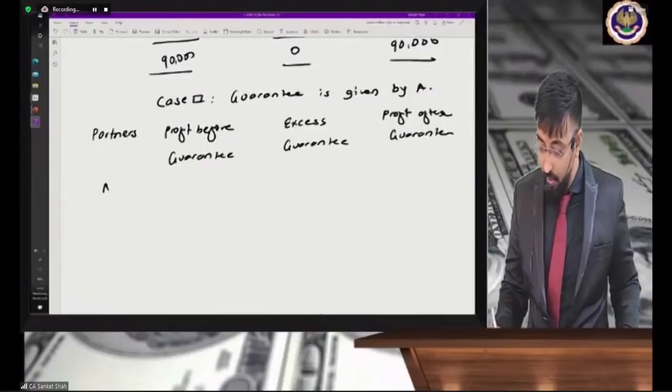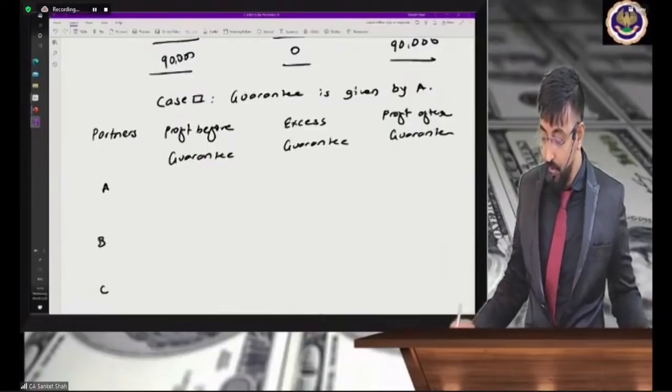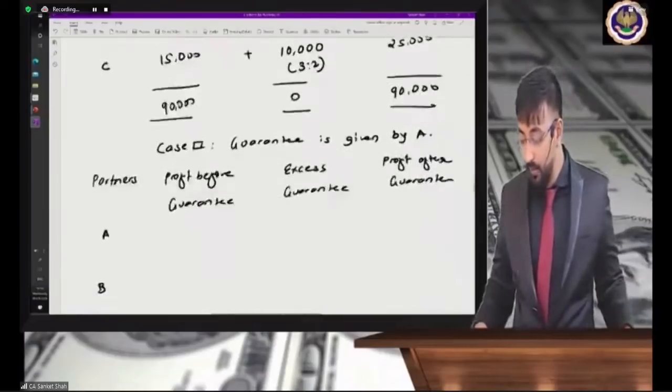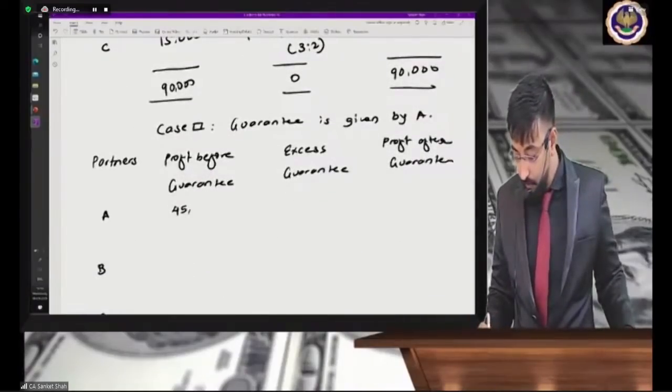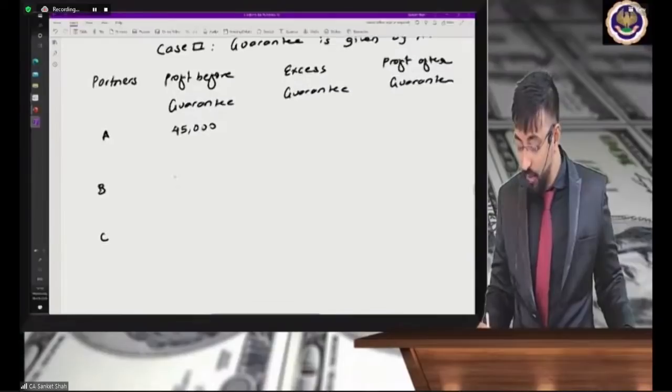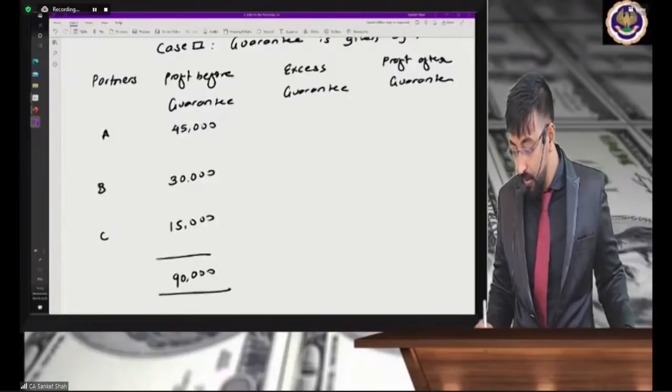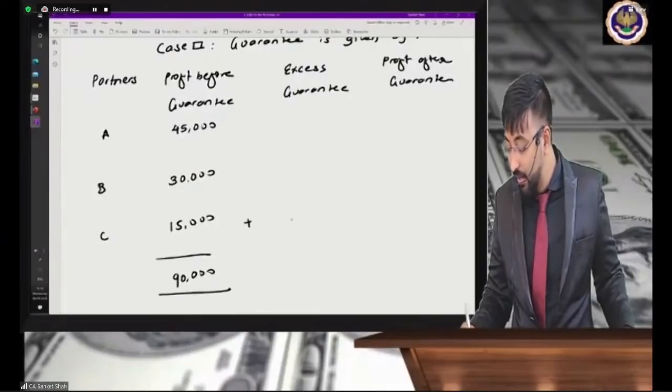Now tell me, what are the partners' names? A, B, C. What is profit before guarantee? 45,000, 30,000, 15,000. Who is getting the guarantee?